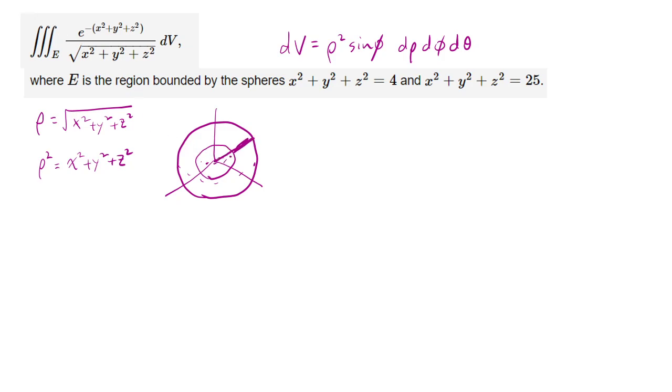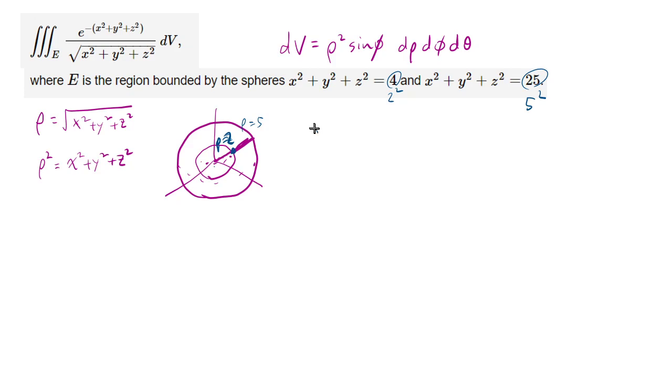Which means the point where you start painting is from rho equals 2, this is a radius 2 sphere, and this is a radius 5 sphere, so it's rho equals 2 until rho equals 5. The points on the outer sphere are 5 away from the origin, whereas points on the inner sphere are 2 away from the origin. So that means we integrate from 2 to 5.